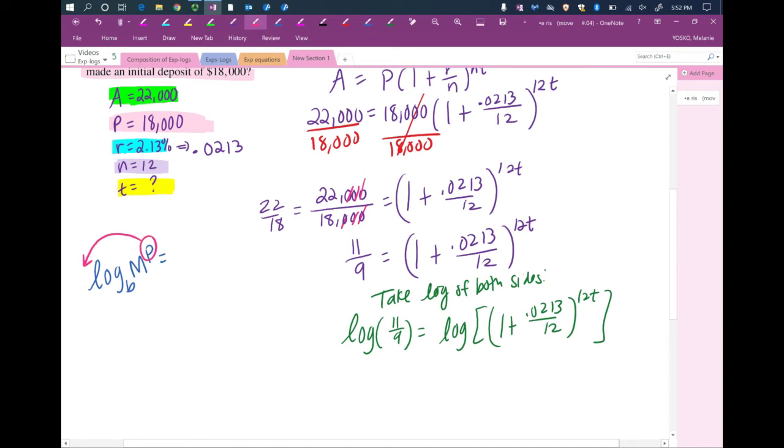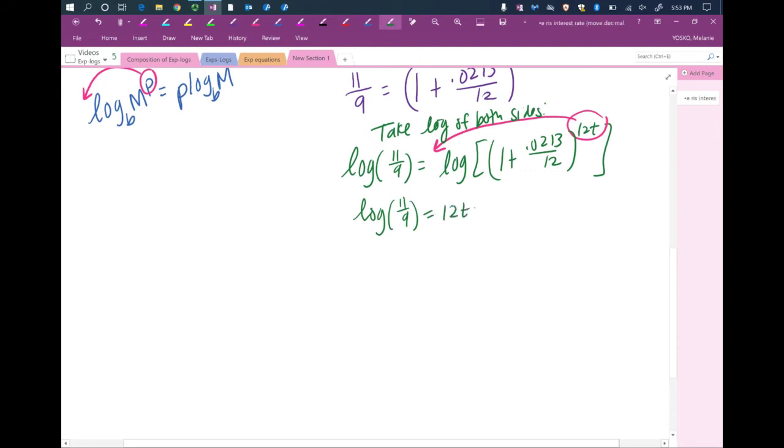It can be multiplied by that logarithm, kind of almost like a coefficient. Sometimes it's a variable, so it may not look like a coefficient, but it's always a product. So this equals p times log base b of m. So I'm going to take this power, this 12t, and multiply it in the front of that logarithm. So I have log of 11 over 9 equals 12t times log of (1 plus 0.0213 over 12).